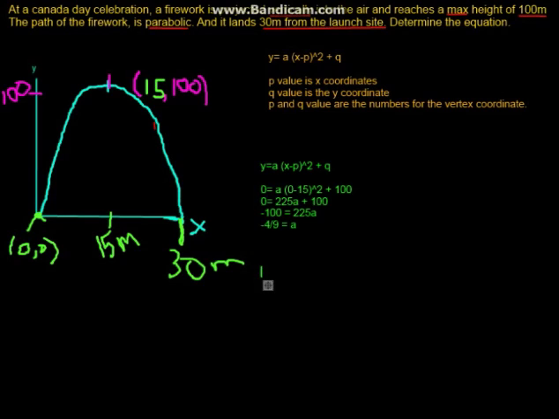You have your a value and all your stuff, so we can write the finished equation: y equals negative 4/9, bracket x minus 15, which is the p value for the vertex coordinate, squared, plus 100, which is the q value. So this is our final equation for this problem.